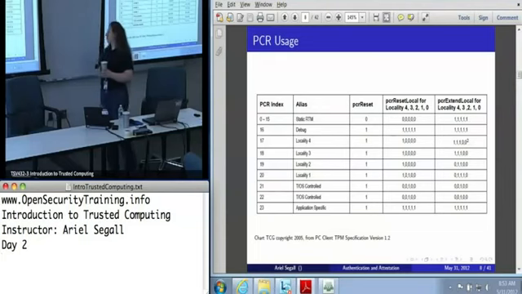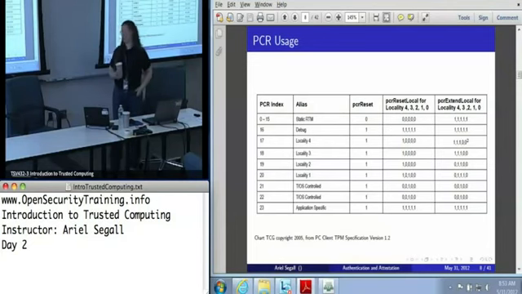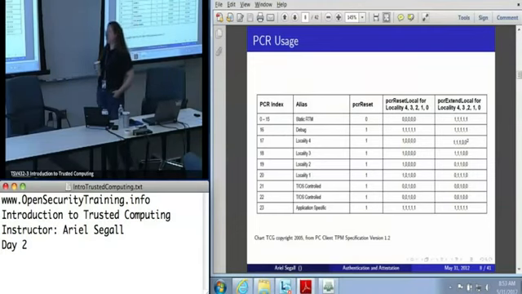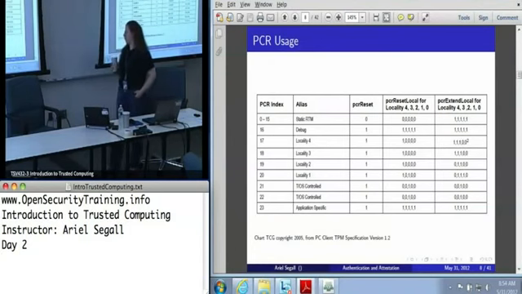Then we have a whole bunch of special PCRs, 17 through 22, which have various levels of resettable and extendable by various localities. Unfortunately, these are not necessary. This is a pretty arbitrary set of permissions. The PCRs that locality 4 can reset, 17 through 20 there, are all automatically reset whenever we enter the DRTM.